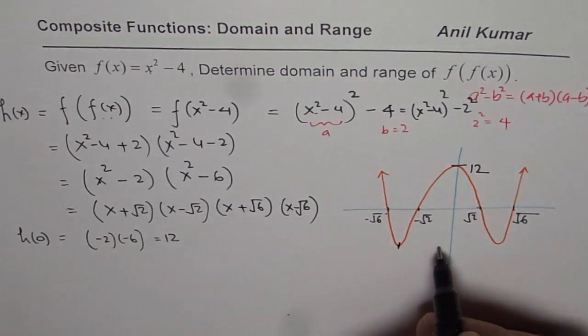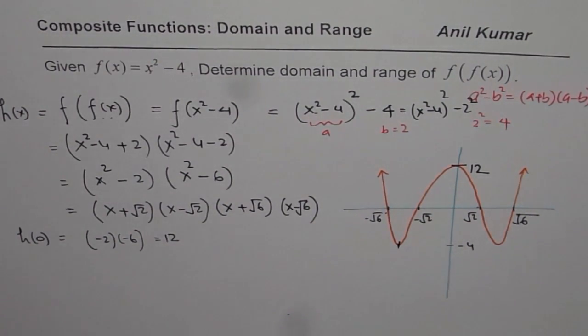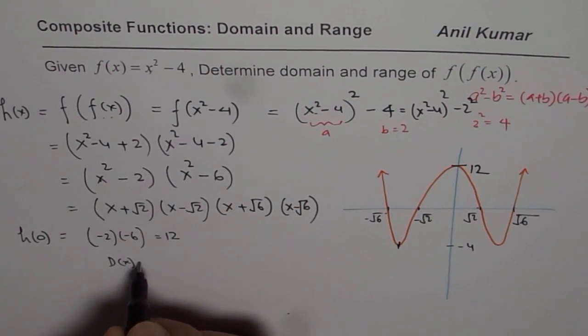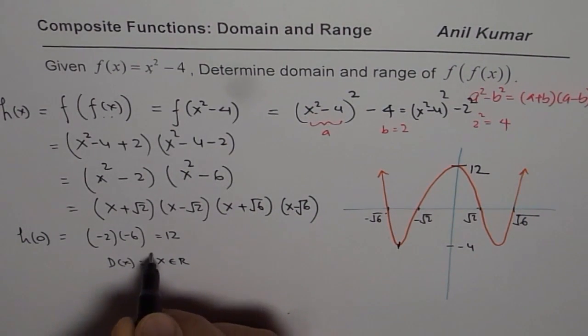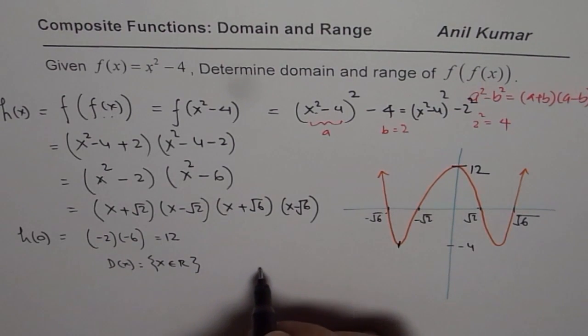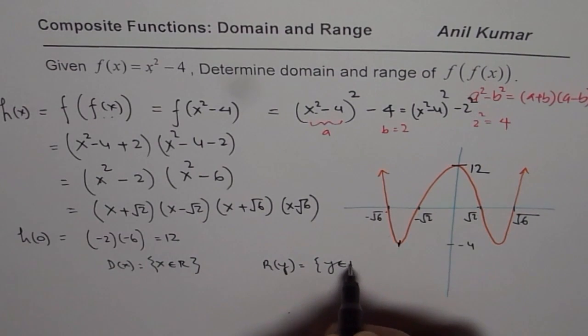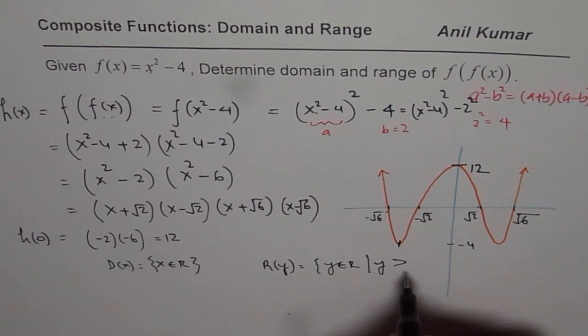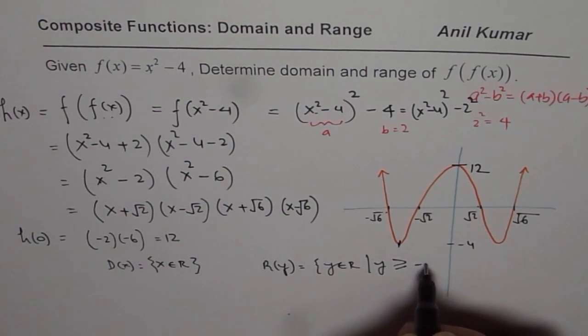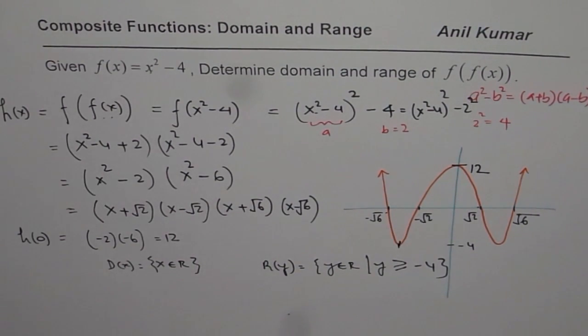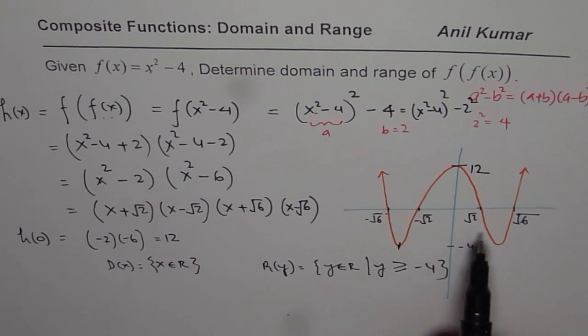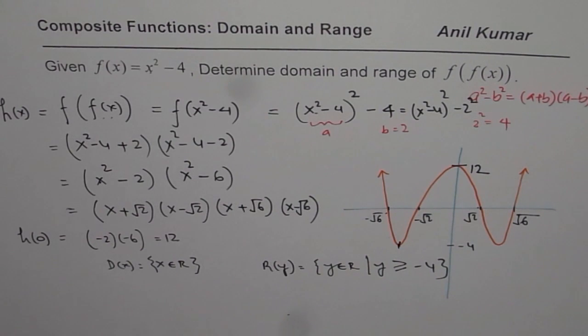So let's say approximately minus 4 is the minimum value. So we could write from here that the domain of the function is x belongs to real numbers, there are no restrictions, and the range of the function is approximately y belongs to real numbers where y is greater than or equal to minus 4. So that is an approximate value. We have rounded our answer to one decimal place. So approximately midway between these two we expect our answer.